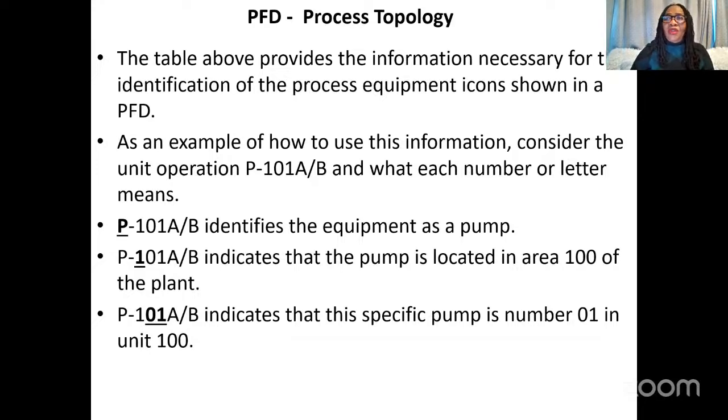The particular unit in the plant that is called area 100, that is where this equipment is located. Now, 01 indicates that this specific pump is number one in that unit 100.